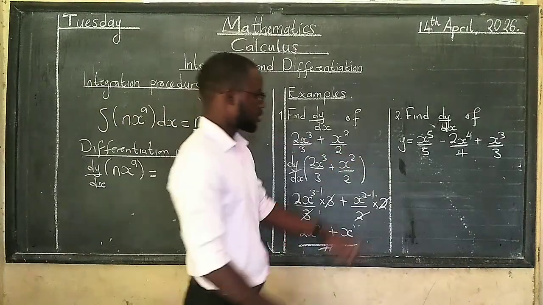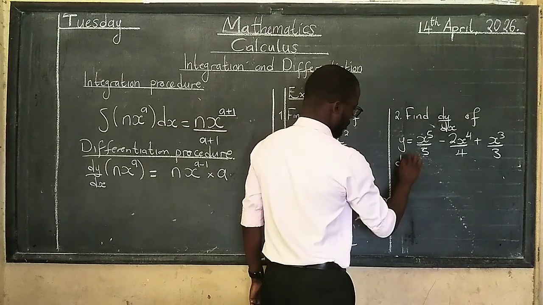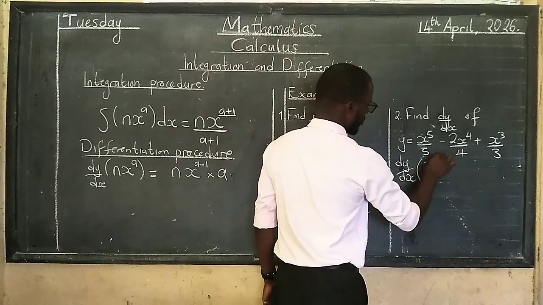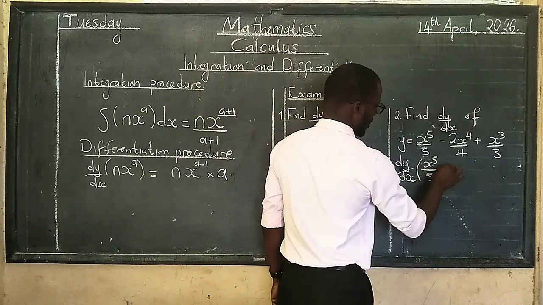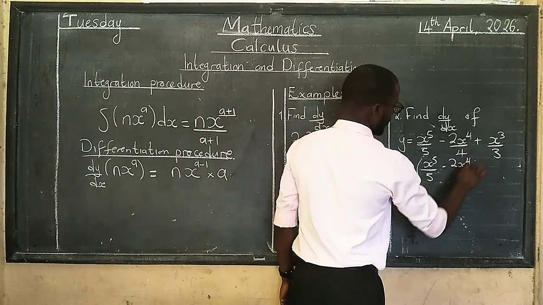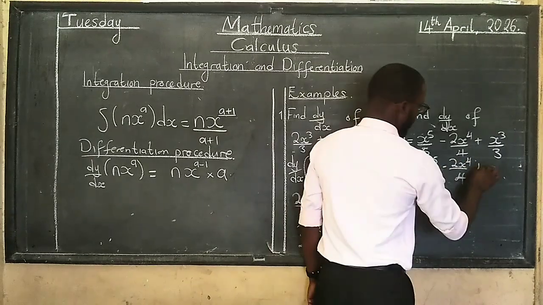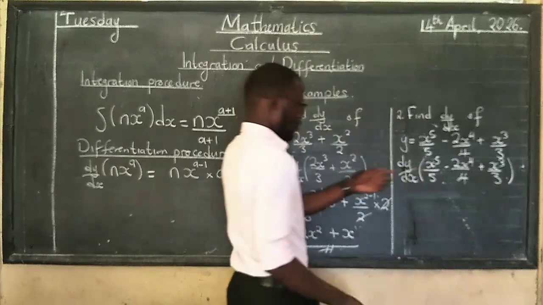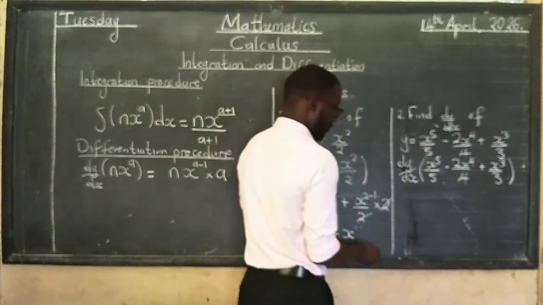Then going to this, finding dy dx of x to the power 5 over 5 minus 2x to the power 4 over 4 plus x to the power 3 over 3. So for this situation, what am I going to do?